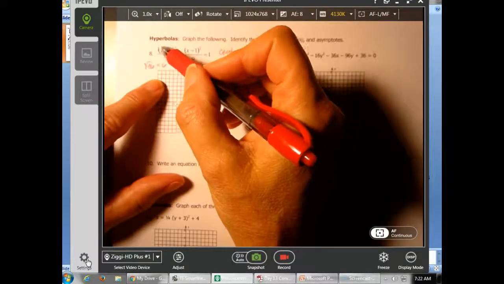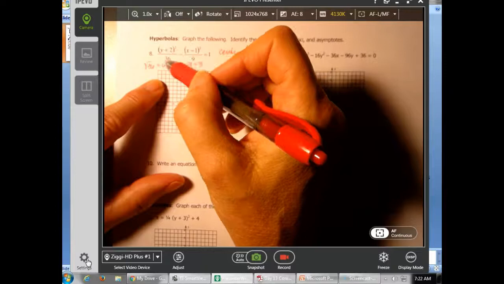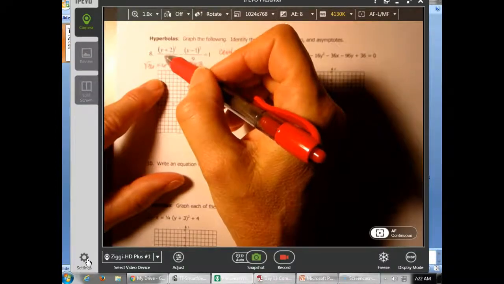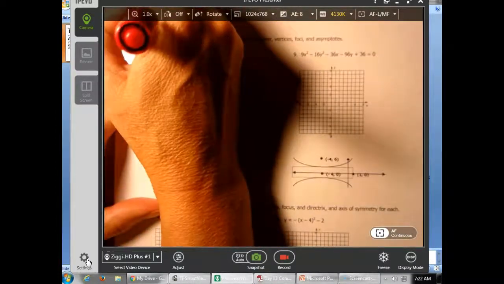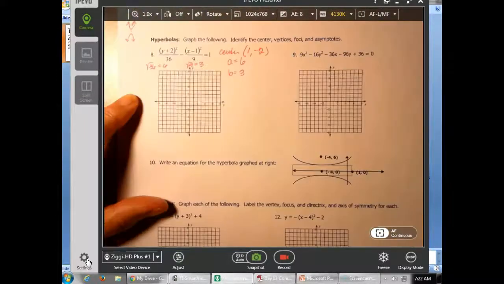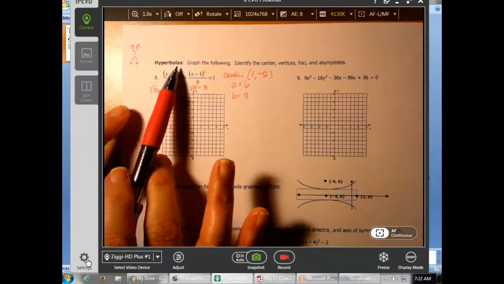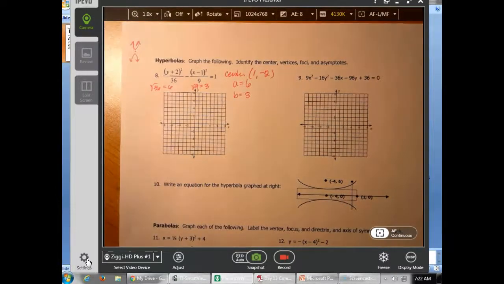Y movements are up and down. So remember, this is going to open up and down because y is your positive, or y is your first numerator here. It's kind of good if you can start by thinking about what you're doing. So this is going to be a vertical hyperbola because it opens up and down.